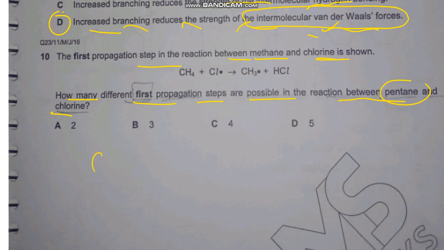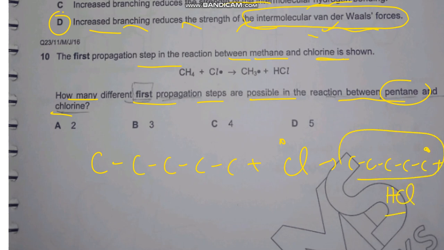In the case of pentane, we have a five-carbon chain and the chlorine free radical. On the basis of the difference in location of the free radical, we can see three possible isomers of pentane.